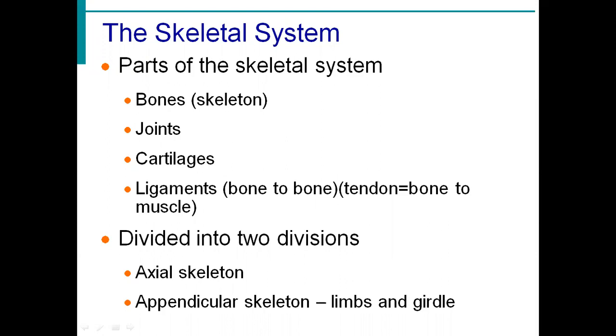The vertebral column and skull are the most important parts of the axial skeleton, whereas the appendicular skeleton is responsible for structural support and maintenance of the axial skeleton. Limbs and girdles are the most common parts of the appendicular skeleton.